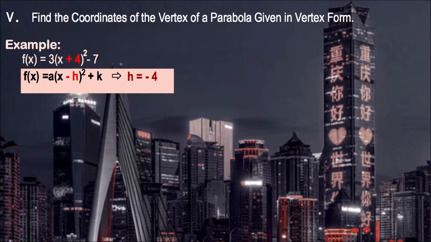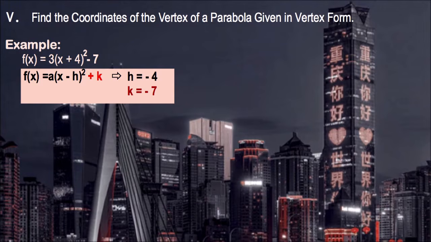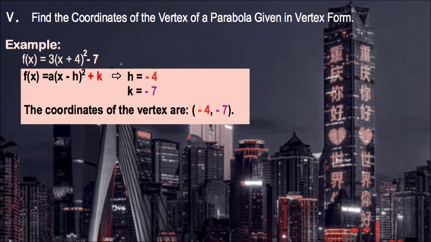Thus, when we put these right underneath each other, we can see h equals negative 4 because negative h is represented by a positive 4. Likewise, k equals negative 7. Thus, the coordinates of the vertex are negative 4, negative 7. Simple as that.